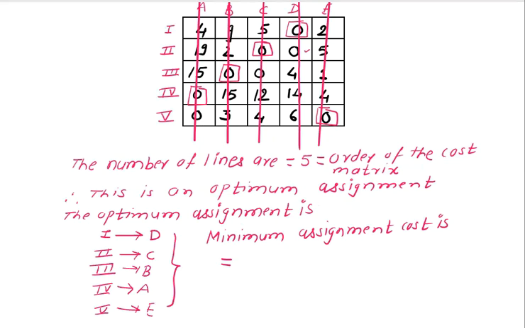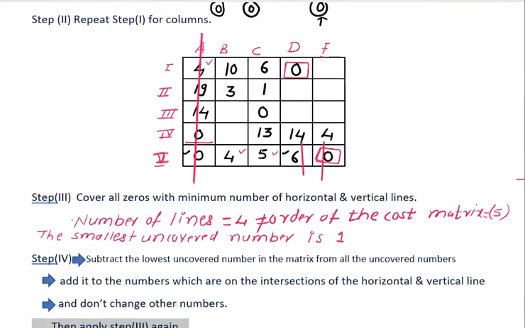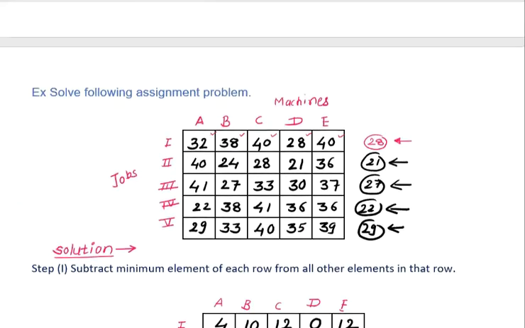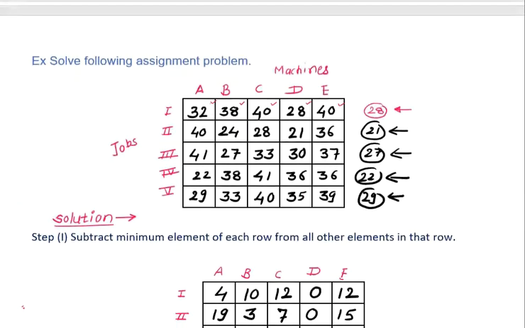Now, first job is assigned to machine D. So the cost of performing the first job on machine D is C14. And what is the cost C14? C14 is this, 28.